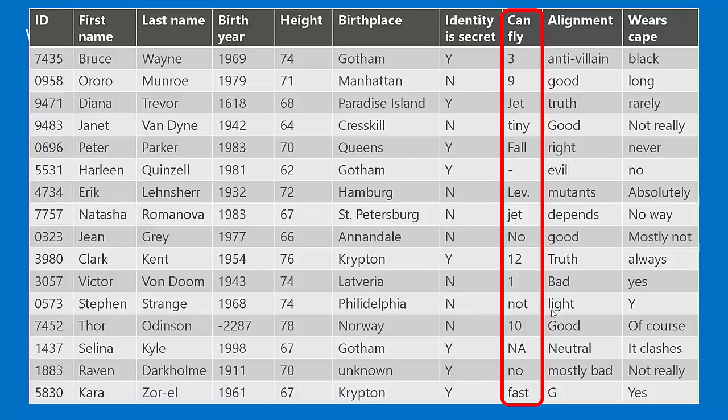And it's clear, based on the fact that Clark Kent is a 12 and Bruce Wayne is a 3, that high numbers mean a good flyer. We have notes. Jet, presumably can fly, but in a jet. Lev, which we do some research and find it's short for levitate. We have some no, not applicable, blank. So again, it takes some interpretation.